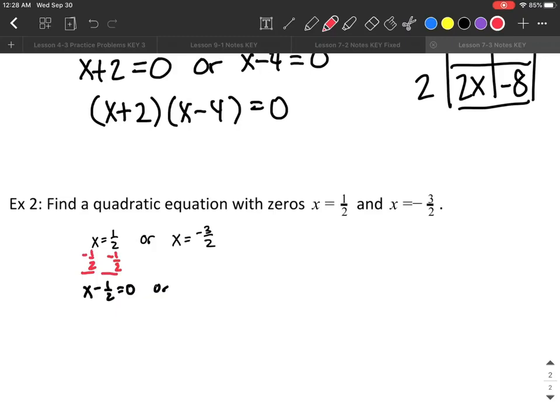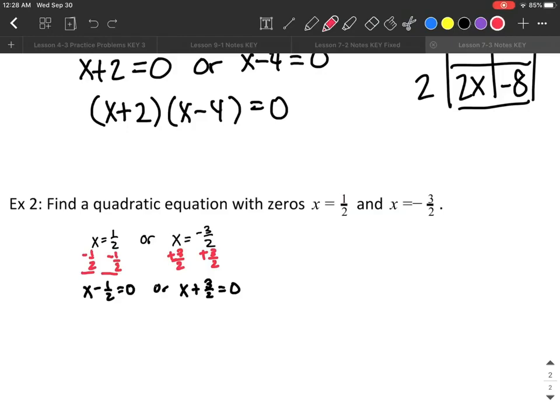Or on the right-hand side, I'm going to add 3/2 to both sides. And I'm going to get x plus 3/2 is equal to 0. So those are the two equations equal to 0. I have this expression equals 0 and this expression equals 0. So if I multiply those together, I'm going to get that's equal to 0.